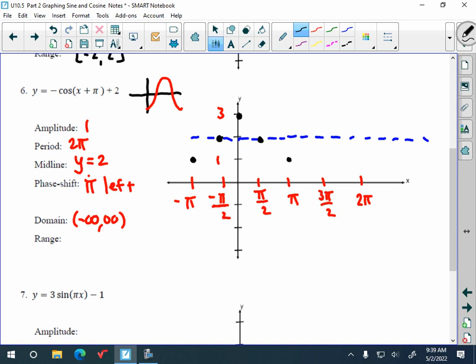And then just connect them. All right, so that's a reflected cosine graph that's been shifted to the left pi units and up 2 units. Our range is going to be 1 to 3.